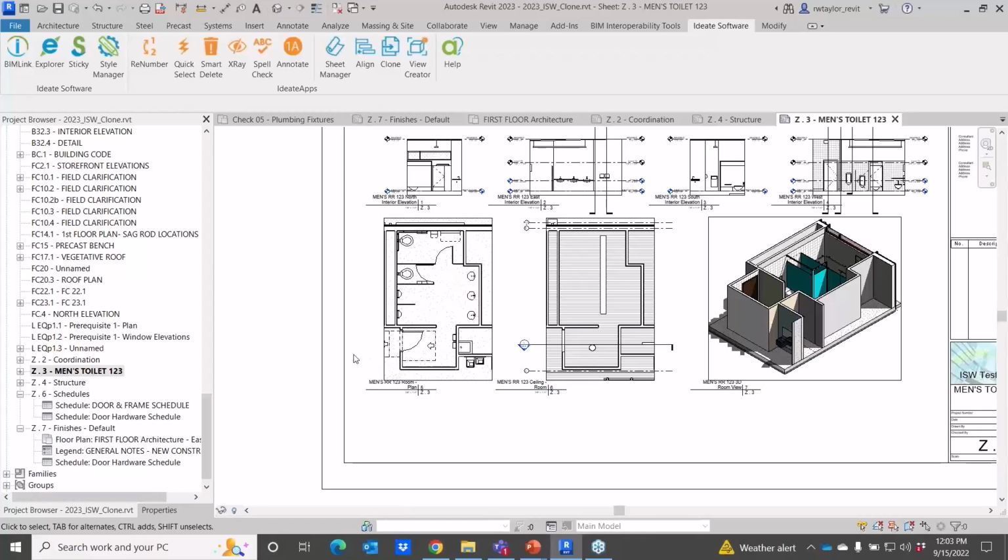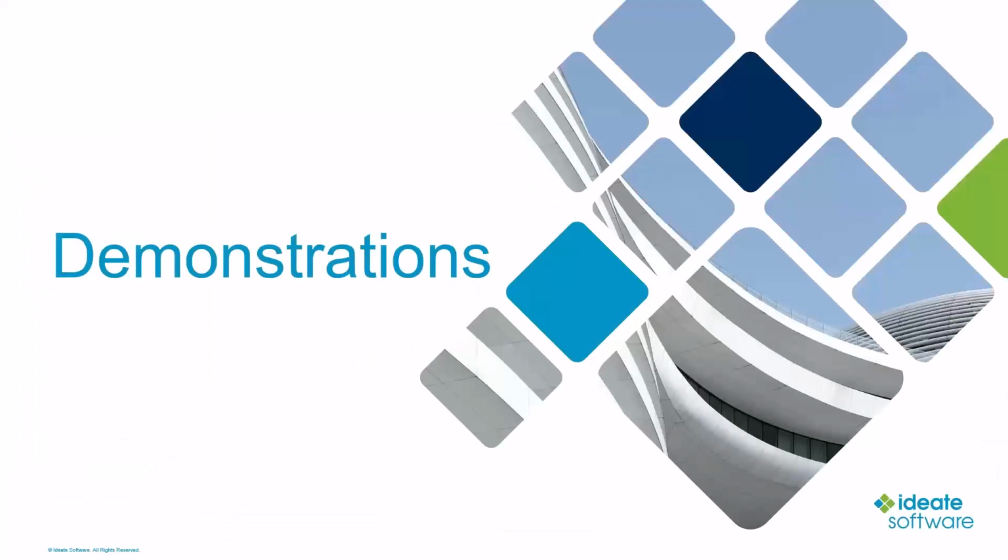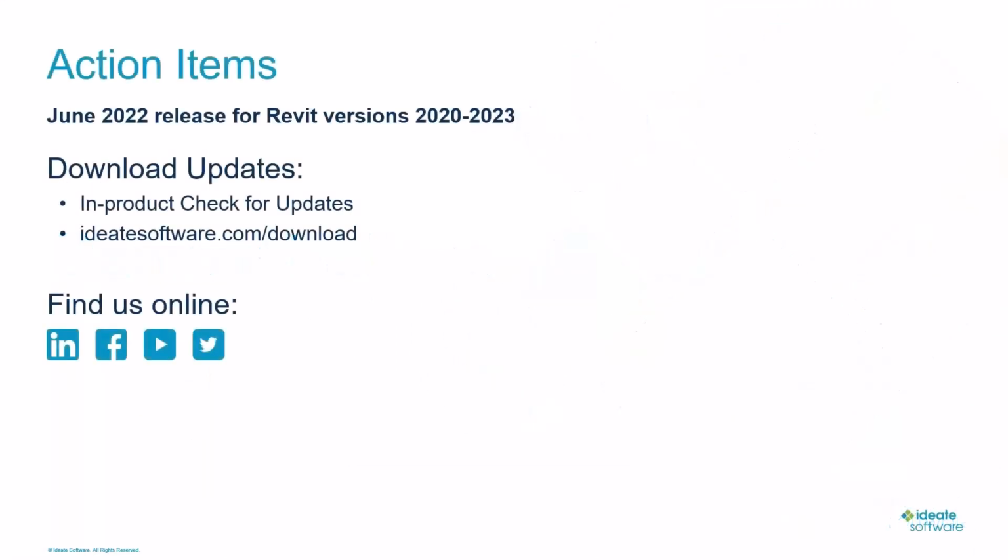A great question. I know we're about 3 minutes over, and I wanted to be respectful of everyone's time. If you are currently an Ideate Software customer, please be sure that you have the latest updates from our June calendar year 2022 release, which impacts Revit versions 2020 through 2023.